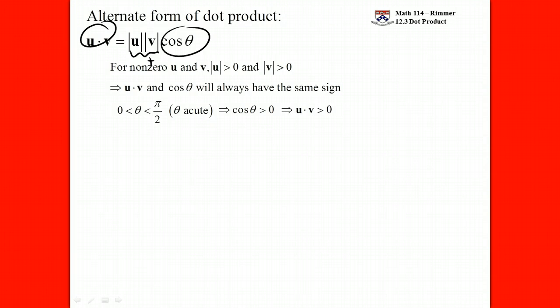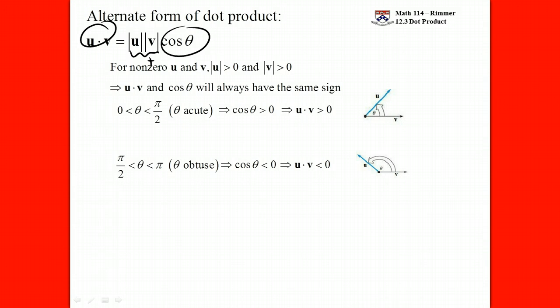And so we can know whether the angle is acute, obtuse, or right, just based on the dot product. If your dot product is positive, you're guaranteed it's an acute angle. If your dot product is negative, you're guaranteed it's an obtuse angle. And here's the main thing. If your dot product is 0, you're guaranteed that it's a right angle. Okay? And we'll be interested in vectors meeting at right angles.